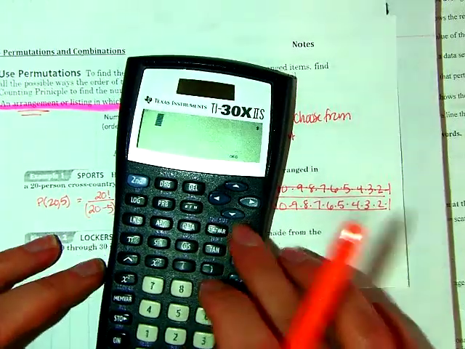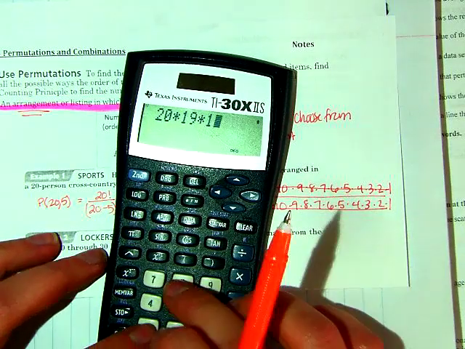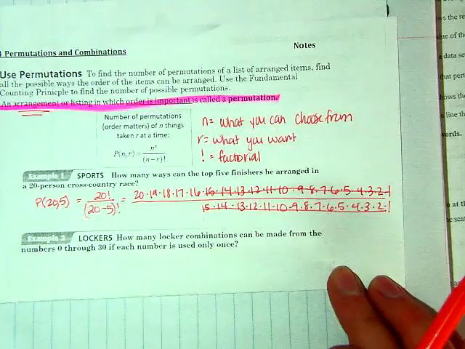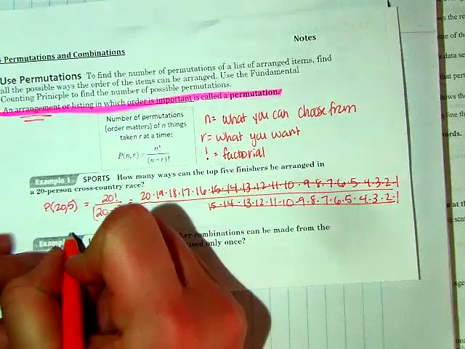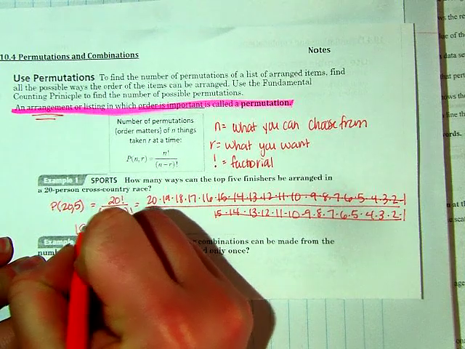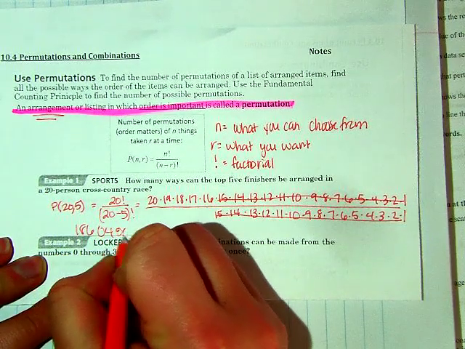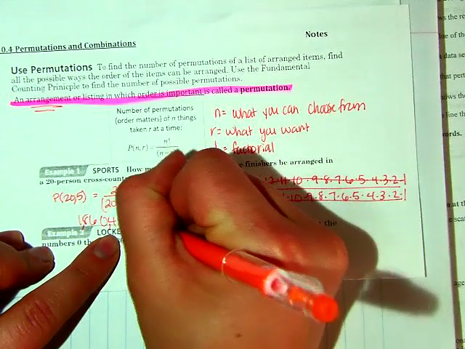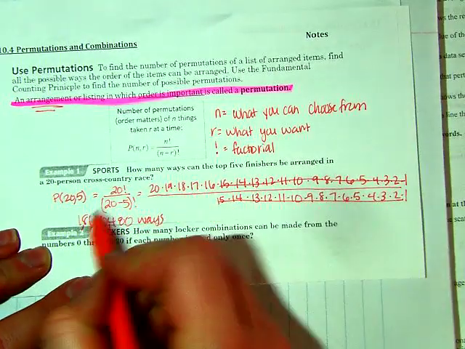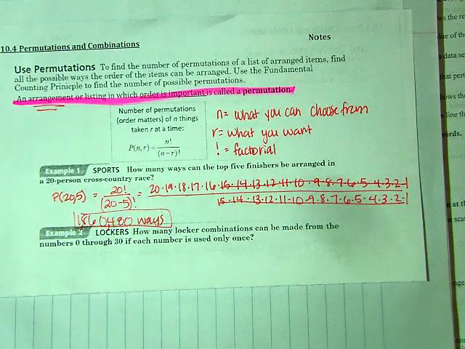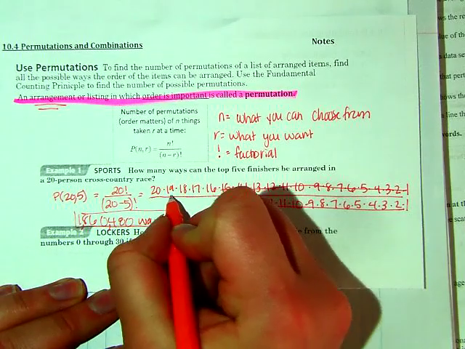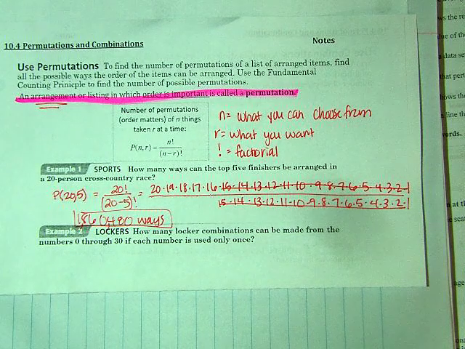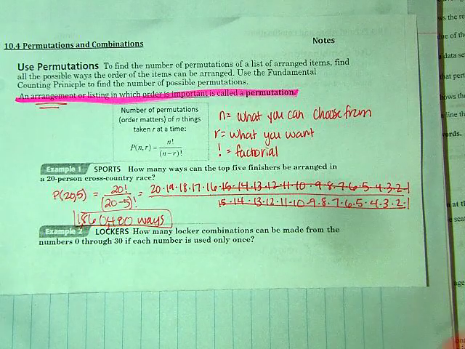That is still a very large number, but we're going to get 1,860,480 ways. Another way to look at that is that there were 5 slots, and there are 20 people for the first one, 19 for the second, 18, 17, and then 16 people, because order matters.